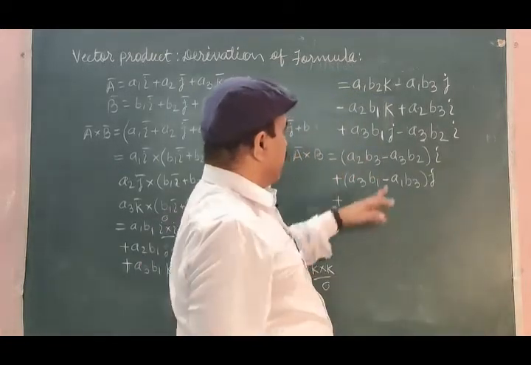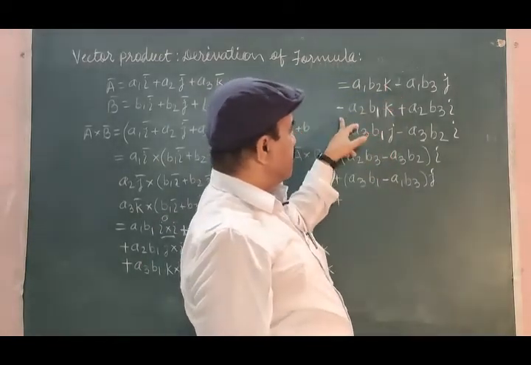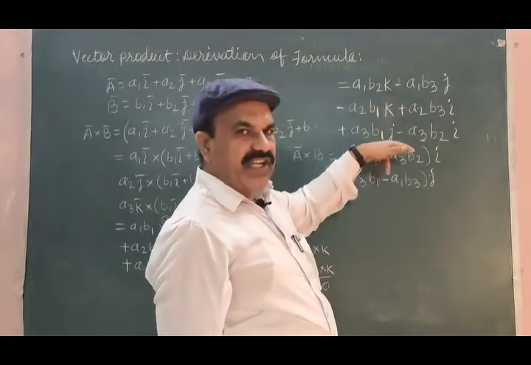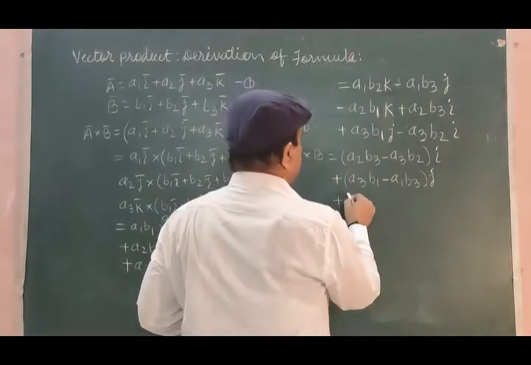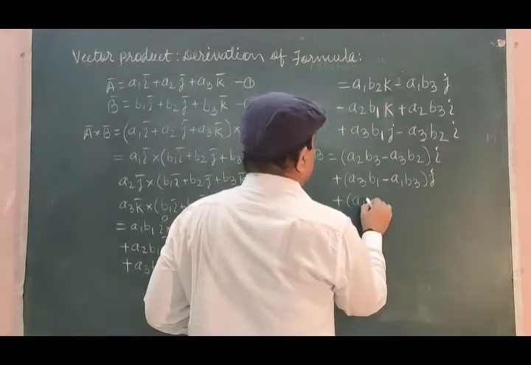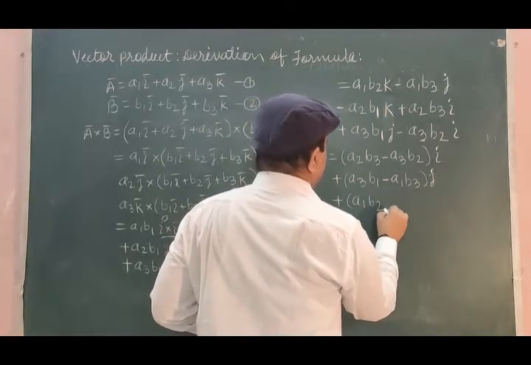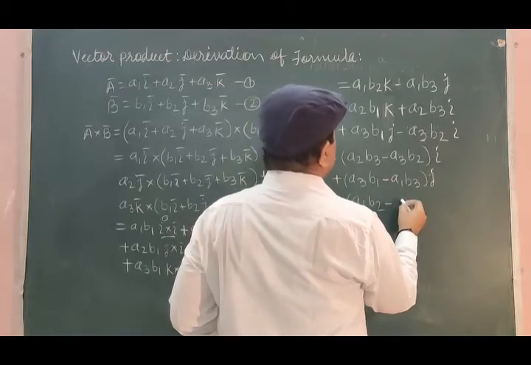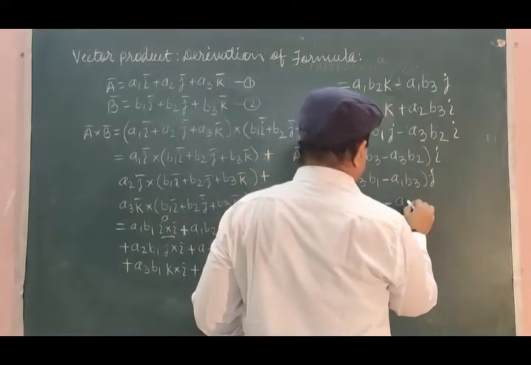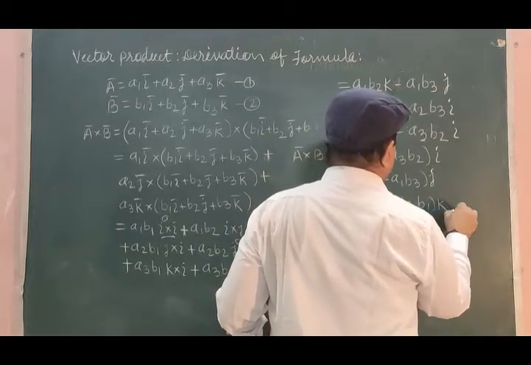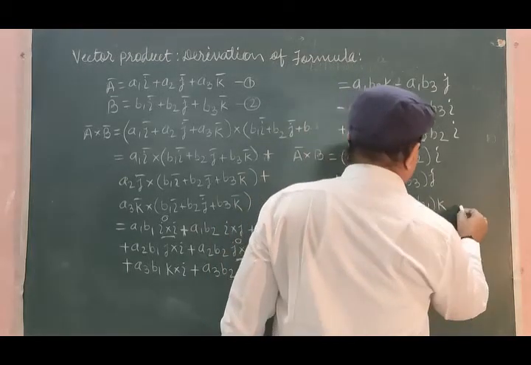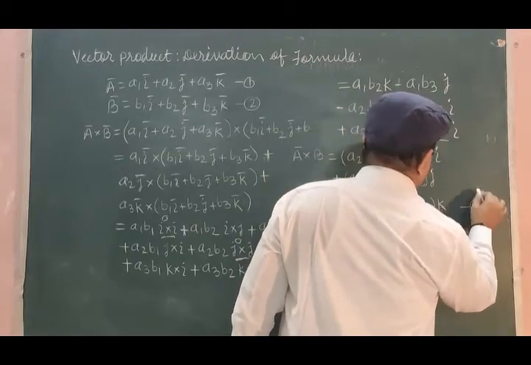Plus, k is here, this is minus k, this is plus k, taking k common, plus term minus term, (a1b2 minus a2b1) k, equation number 3.